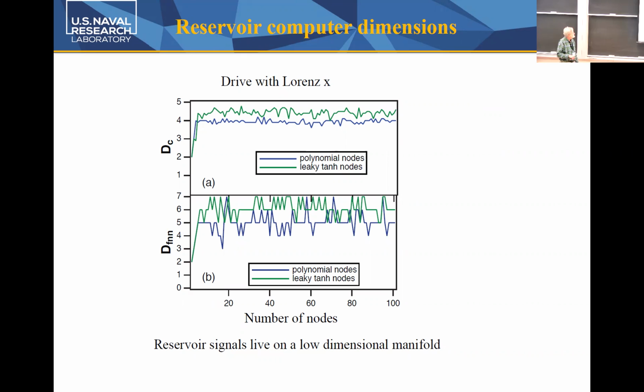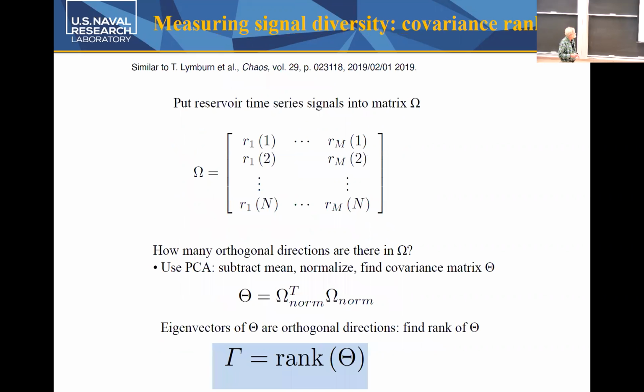So even though I go up to 100 nodes, the actual dimension of that set of data with all those different components saturates. It means that these reservoir signals, although it's a 100-dimensional space, the signals themselves live on a low-dimensional manifold. So do I really need 100 dimensions to represent these signals?